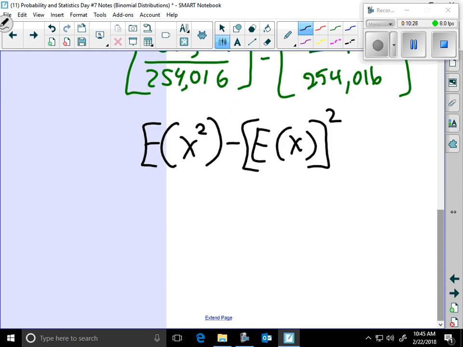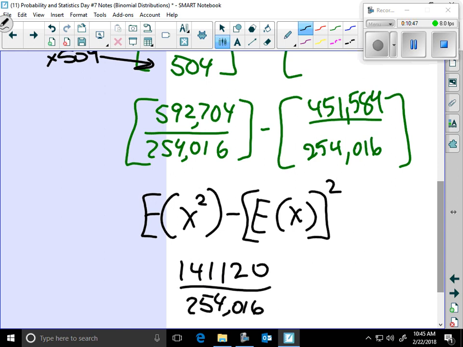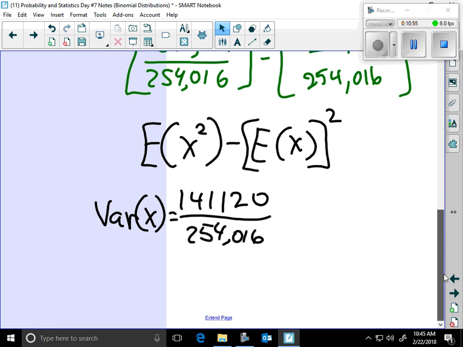So, Victor, 592,704 minus 451,584, if you would. 141,120 over 254,016. This is going to be the variance of X. That is the variance of X.